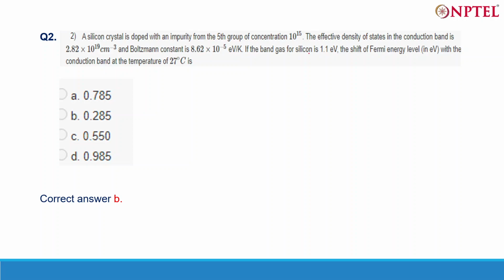Boltzmann constant is also given. If the band gap for silicon is 1.1 electron volt, find the shift of the Fermi energy level with the conduction band at the temperature 27 degrees Celsius. So the first thing you will do is convert temperature to Kelvin. So 27 degrees Celsius equals 300 Kelvin.